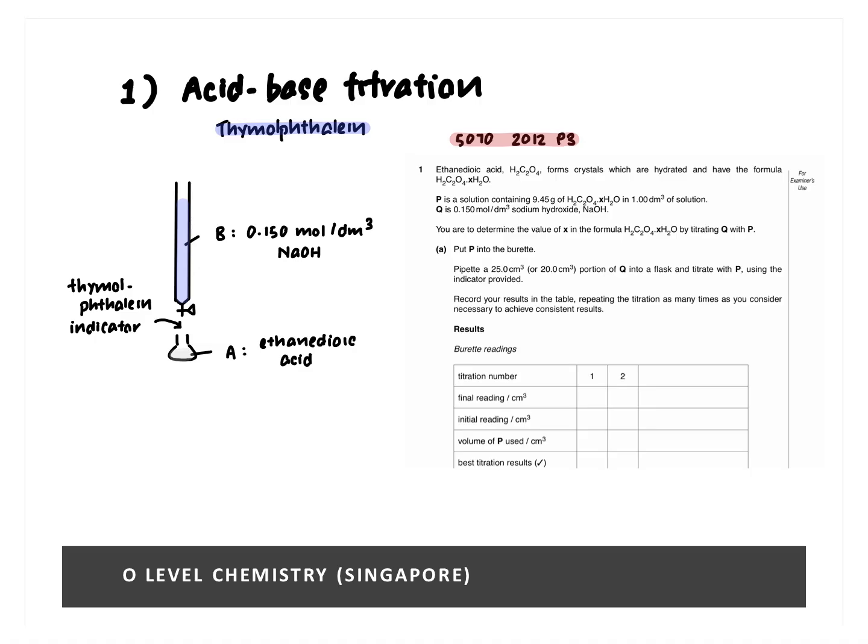In fact, acid-base titration using thymolphthalein indicator was tested before in 2020, and if you had managed to dig out some of the UK O-Level practical papers, this practical task, including the questions that came after, are actually very identical to the 2012 UK O-Level practical exam.